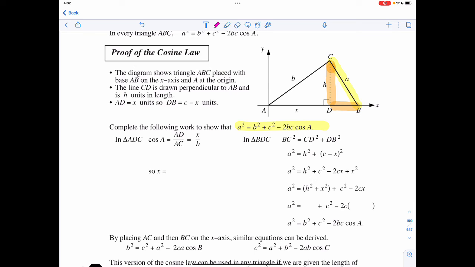Now CD is my altitude, BC is my A value, and like in the previous example we did, DB is the entire length here of C, side length opposite angle C, minus the length of X here.